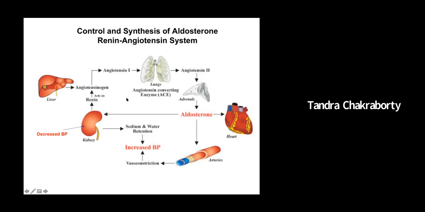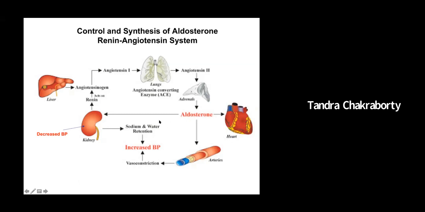Okay, aldosterone then can act on the kidneys in order to increase the blood pressure. So aldosterone helps in the blood pressure regulation. Okay, multiple ways it does it. It acts directly on the kidney.